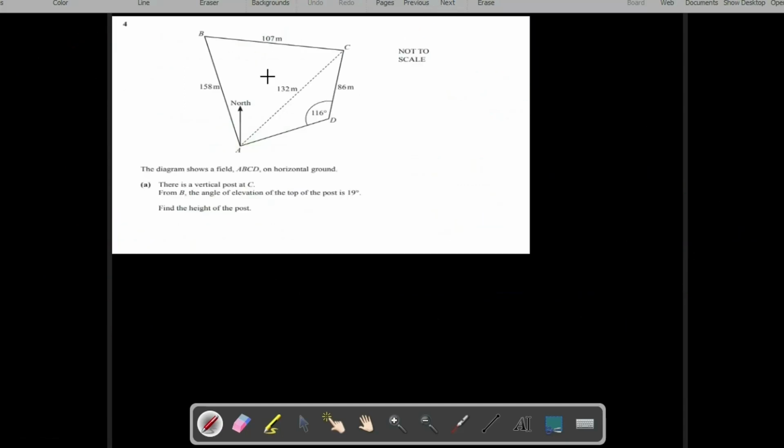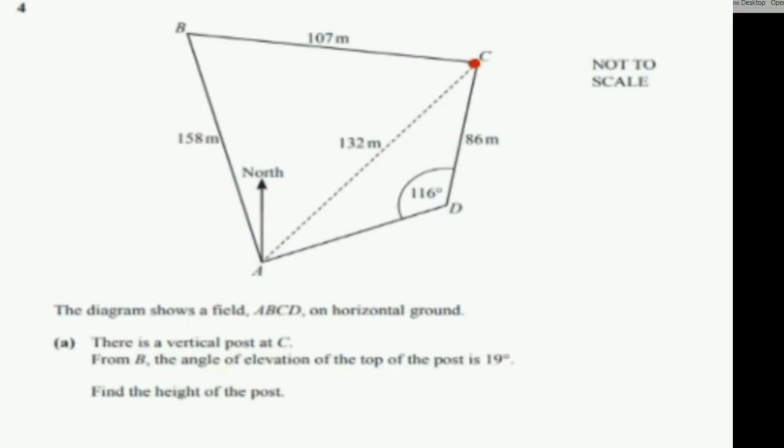Okay, moving to the next question. If you see this question, the diagram shows a field ABCD on a horizontal ground.